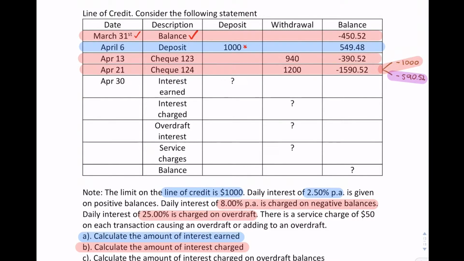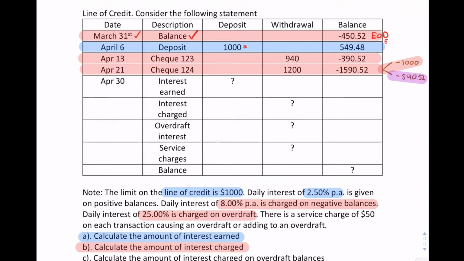So March 31st, at the start of your statement, you won't count, because it was a balance. This means that this amount was for the end of the day. End of the day is different because it's like midnight, which means it's turning into the new day.